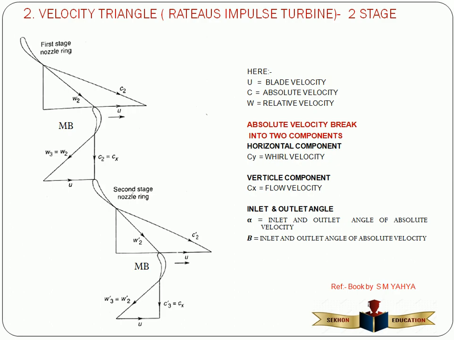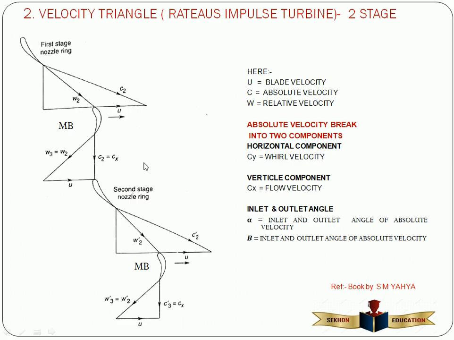Then this is the outlet part of the first nozzle. We know that the nozzle increases the absolute velocity, so this C2 increases tremendously. Then it enters the moving blade. We know that the moving blade has some motion, that is u. So the velocity which enters the moving blade is the relative velocity. Then it again enters the second nozzle.